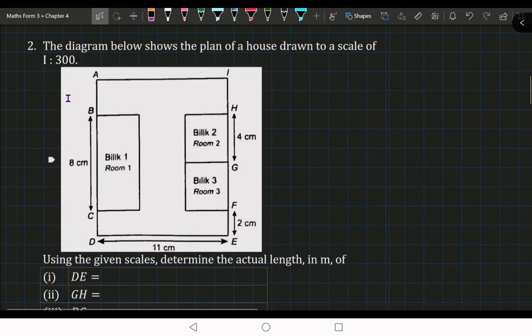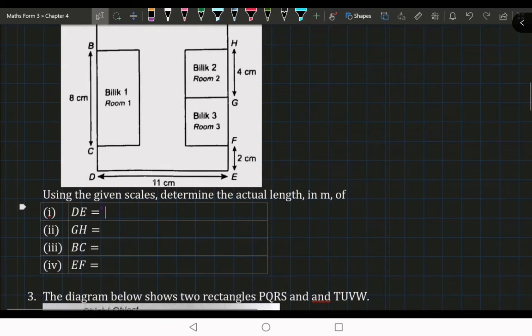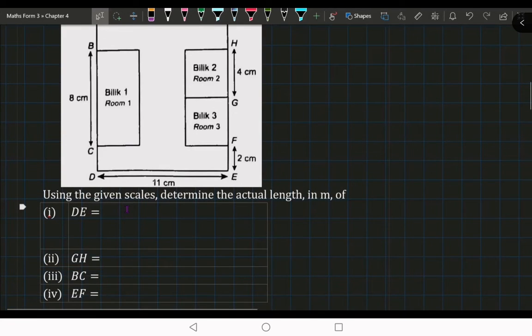The question is asking for the actual length of DE. So what is the meaning? We are going to find out by DE over actual length of DE.